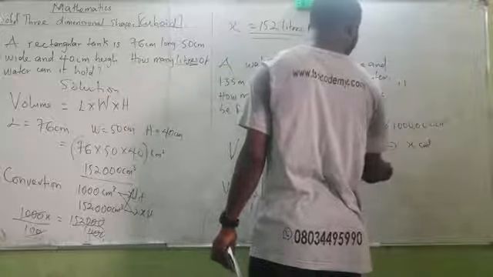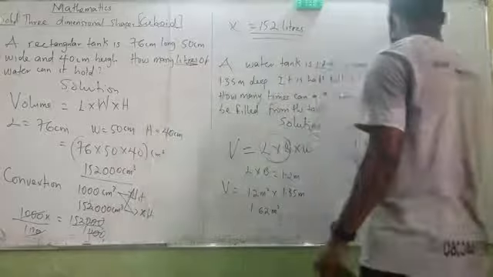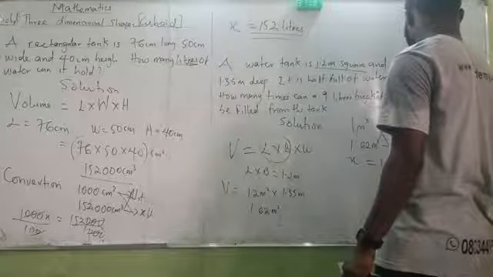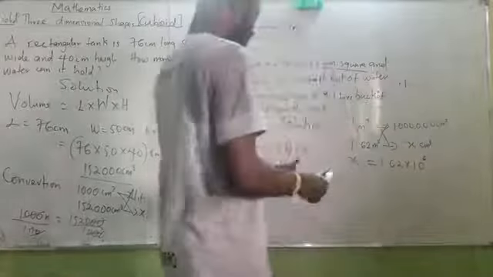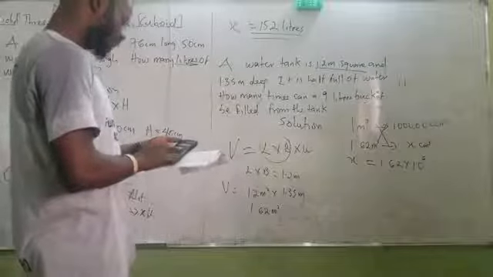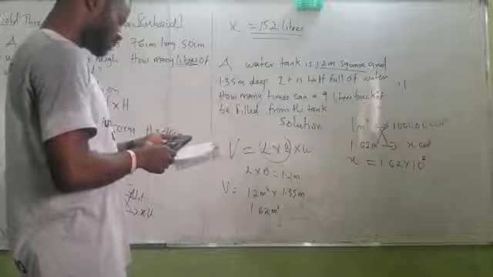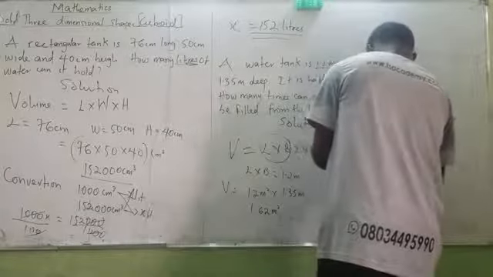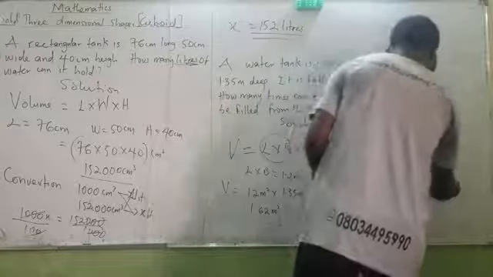x equals to 1.62 multiplied by 10 raised to the power 6, which is a million. Now, multiplied by 10 raised to the power 6, which is 1 million, I'll be having 1,620,000 centimeter cube.